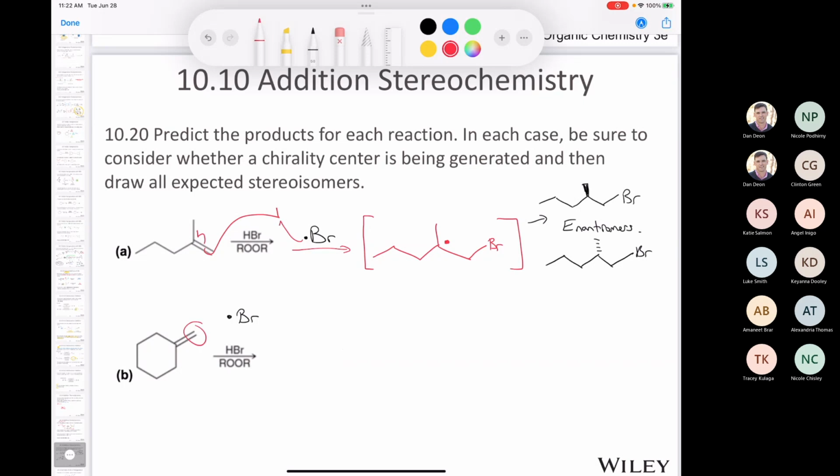The bromine is going to add to the less substituted carbon to make the more substituted radical intermediate. Let's draw that. It's going to look like this. So we have the bromine over here. We have our radical here. And we can see that this is not a stereocenter where I have the yellow highlighter. And when I add a proton here in the next step, that's not a stereocenter either.